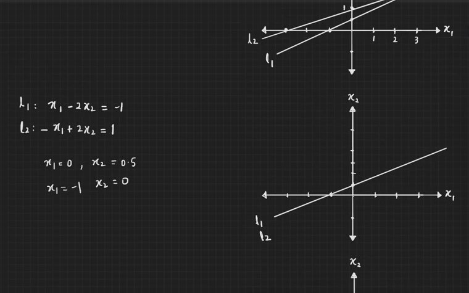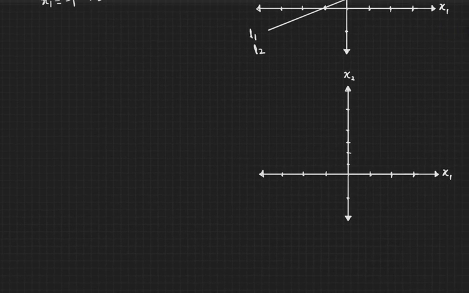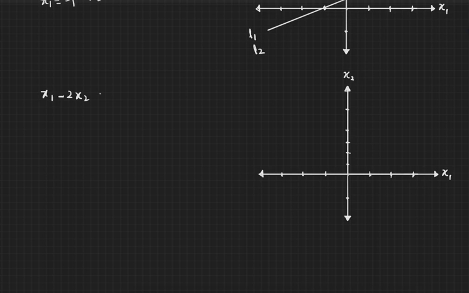Let's consider one more example of a system of linear equations. Let's consider x1 minus 2x2 equals minus 1 and minus x1 plus 2x2 equals 3.